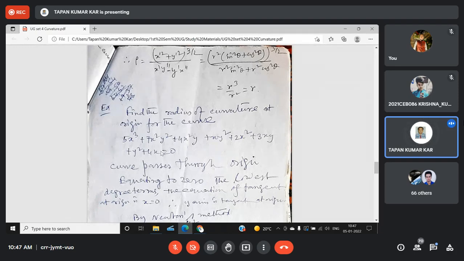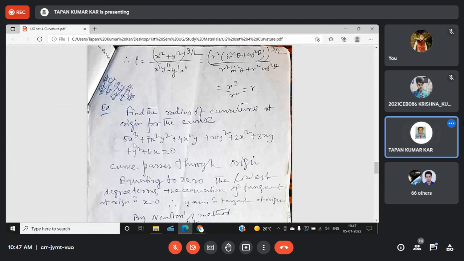Look at this, there is no constant term, so it passes through the origin. And what will be the tangent at the origin? If you would like to, you can use the Cartesian formula, (1 plus y1 square) whole to the power 3/2 by y2 at (0, 0). Also, you can use Newton's method because it passes through the origin.